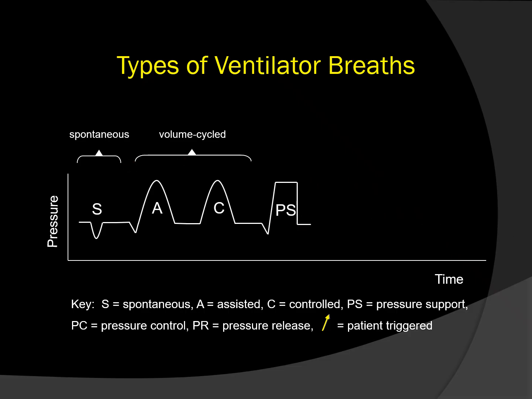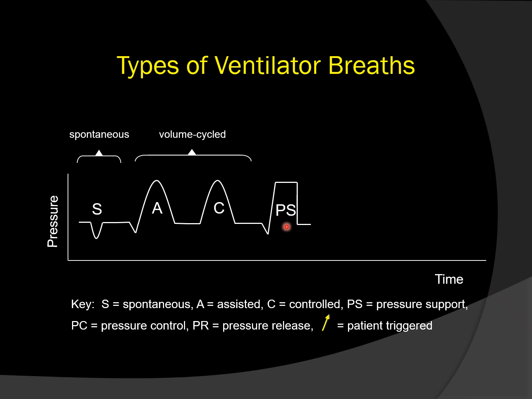Now, there are other types of breaths that are pressure cycled. So in this breath, the patient makes an effort and the machine recognizes the effort, but rather than pushing a volume in, it simply targets a pressure above baseline pressure for as long as the patient's making an effort. And if it's really only targeting that pressure during the patient's effort, it's called a supported breath.